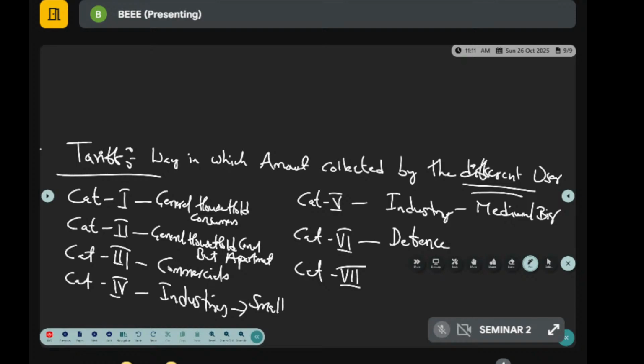Any user is missing? Institution comes under commercial. Hospital comes under commercial. Multiplex comes under commercial. Any user is missing in this?